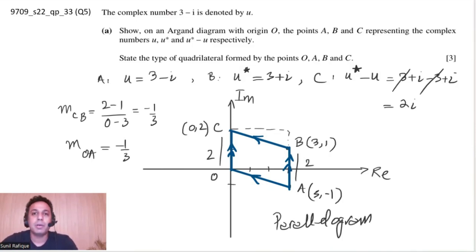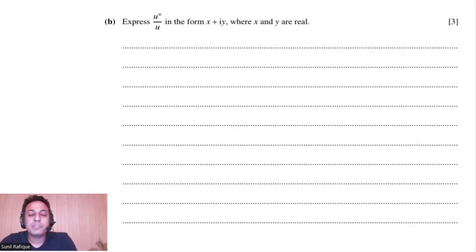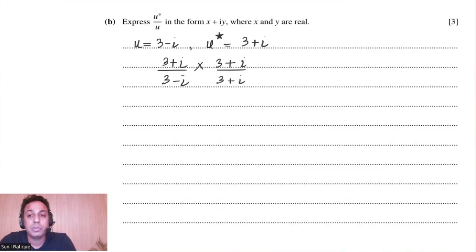That's part A. Part B, express u star over u in the form x plus iy, where x and y are real. We know from part A that u is 3 minus i, and u star is going to be 3 plus i. So let's divide complex numbers. How do you divide? It's the same process, rationalization. You multiply and divide by the conjugate of the complex number in the denominator.